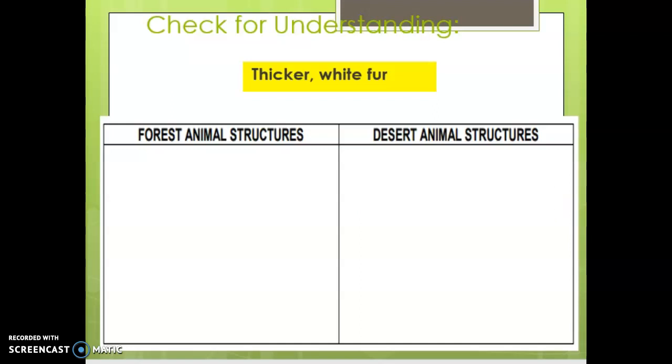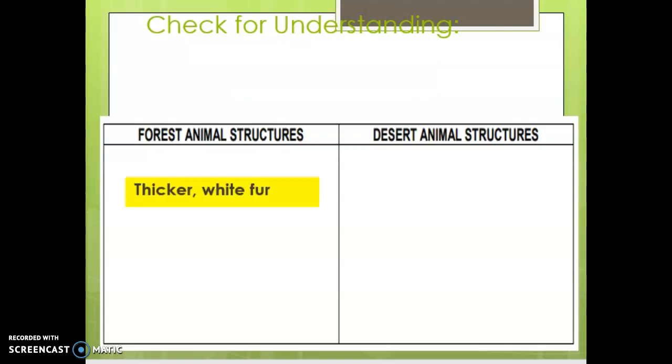Thicker white fur. This is most helpful in a forest ecosystem. Some animals like the forest fox change fur color so that it helps them camouflage. So brown in the warmer weather and white fur during the winter.